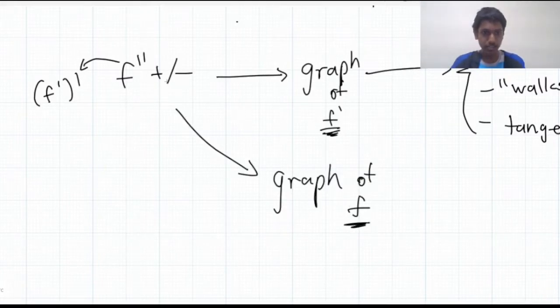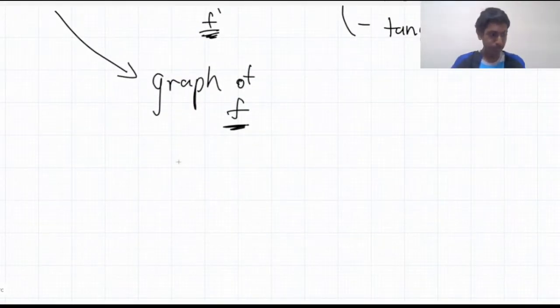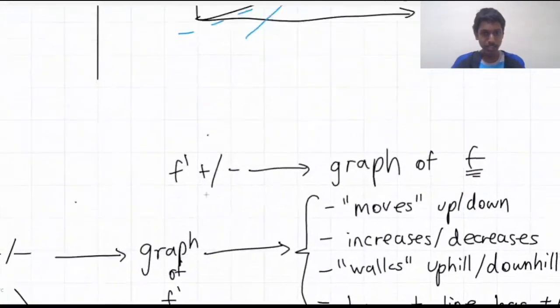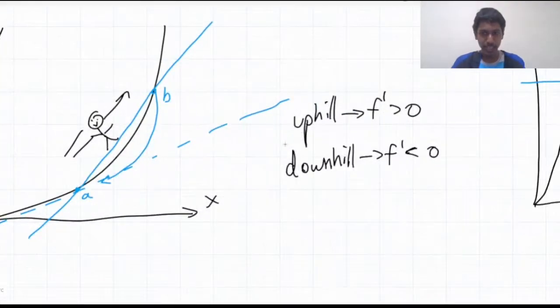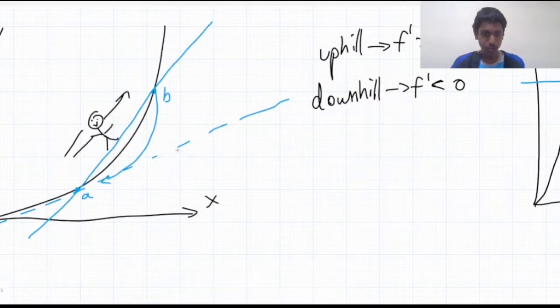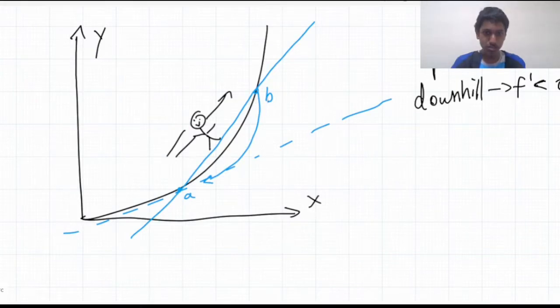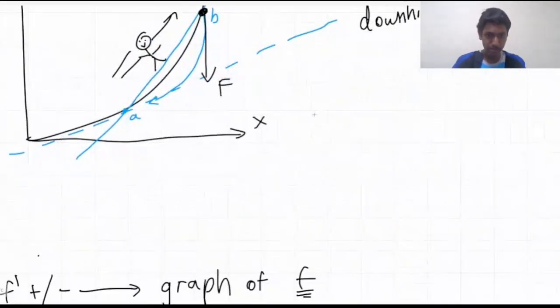But perhaps more interestingly, we can talk about the graph of f. What does the sign of f double prime tell us about the graph of f? Well, one way we could think about this is if we've got this guy on this slope here, and suppose that as he was walking along, you pulled this point of the slope down with a force. You pulled the slope down. So he's hiking more downhill, so to speak.